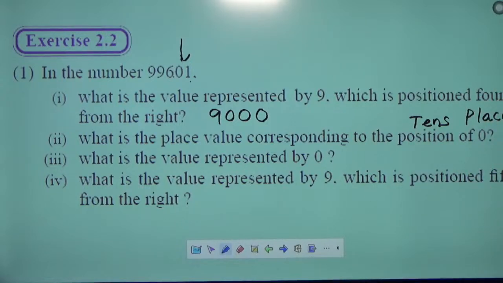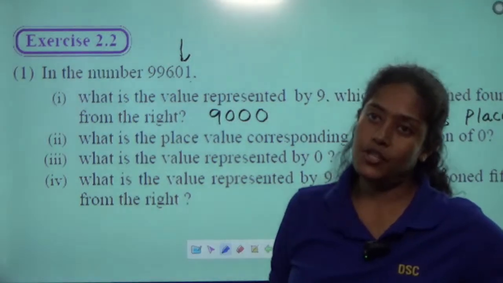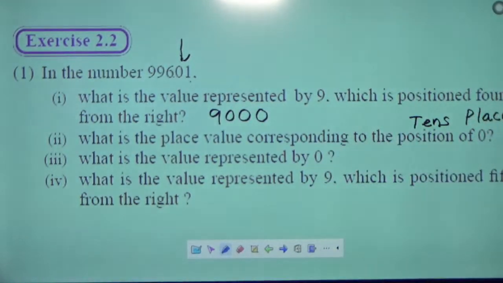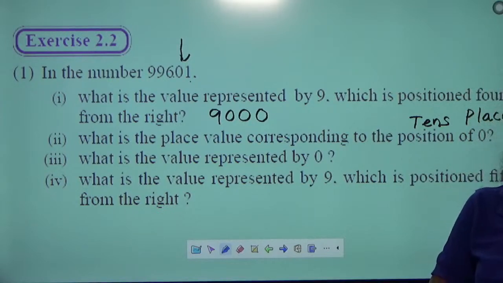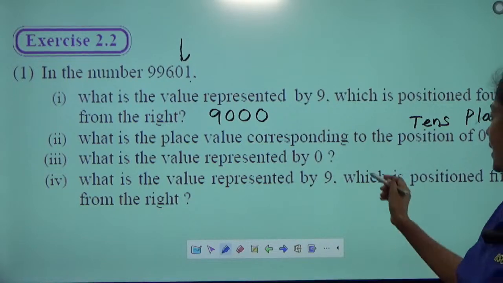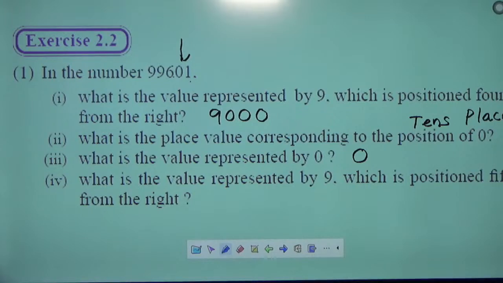Right? Then third question. What is the value represented by 0? When they are asking about 0, what is the value represented by 0? 0. Yes, the answer is 0. Then last question.